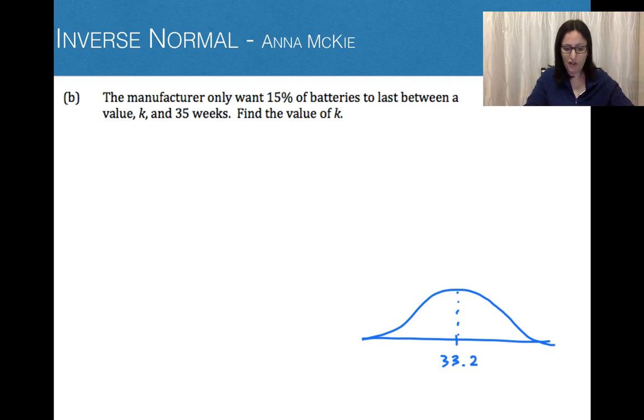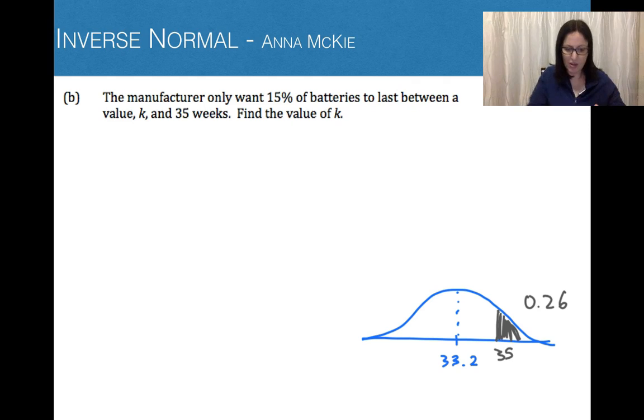So, 15% of batteries is what we're after. Often you'll have to use part A that you've already done for some of these trickier ones. Let's think about what that was. We had 26% or 0.26 in the end for 35.